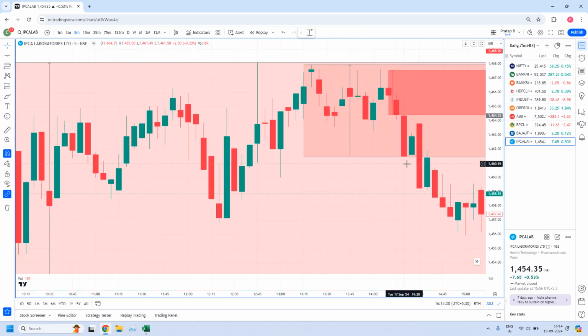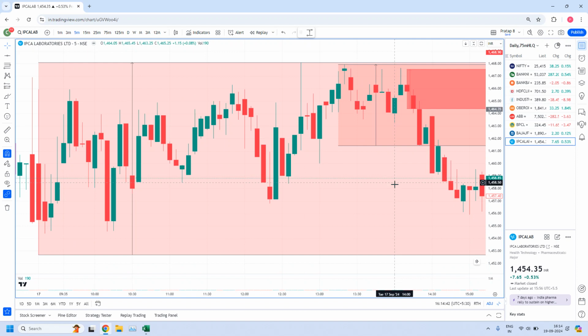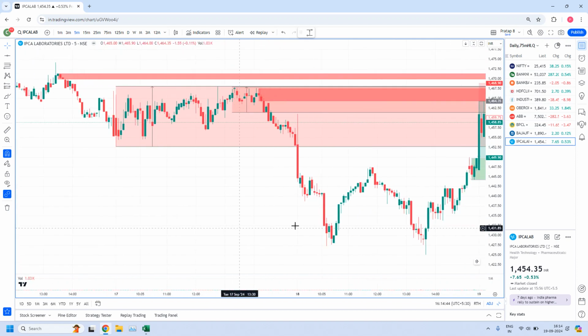In the 5-minute time frame, you consider this as a failed ERC candle as a leg-in. You have 2 base candles and then a drop candle. This is the fine-tuned 5-minute zone.